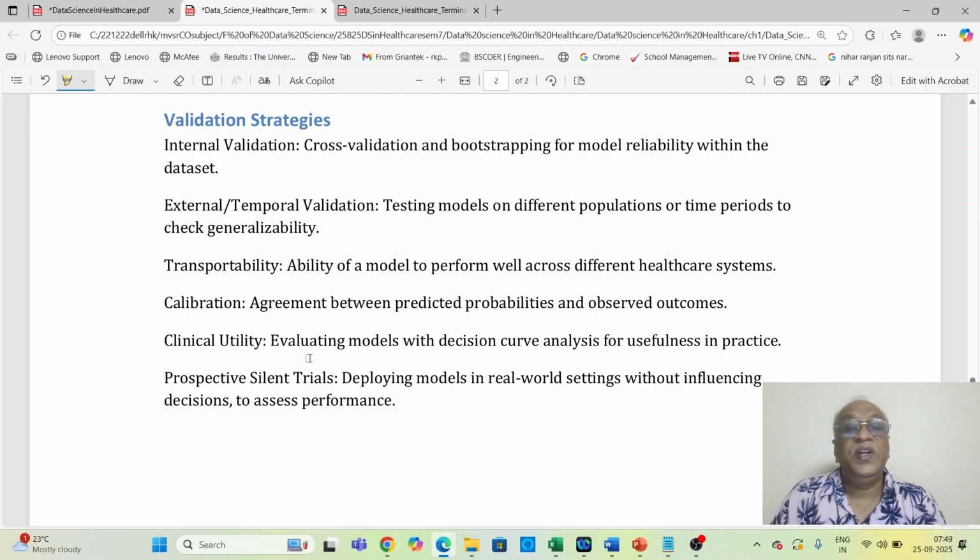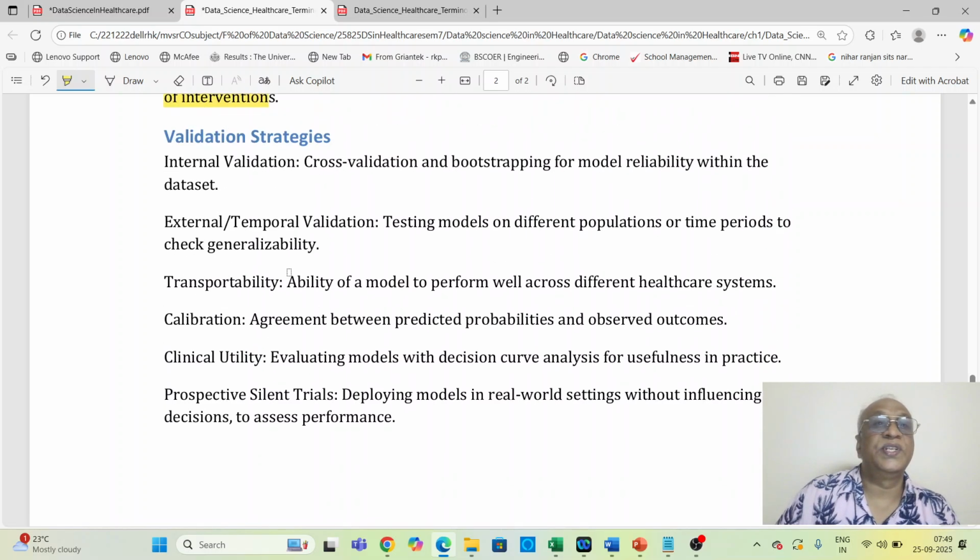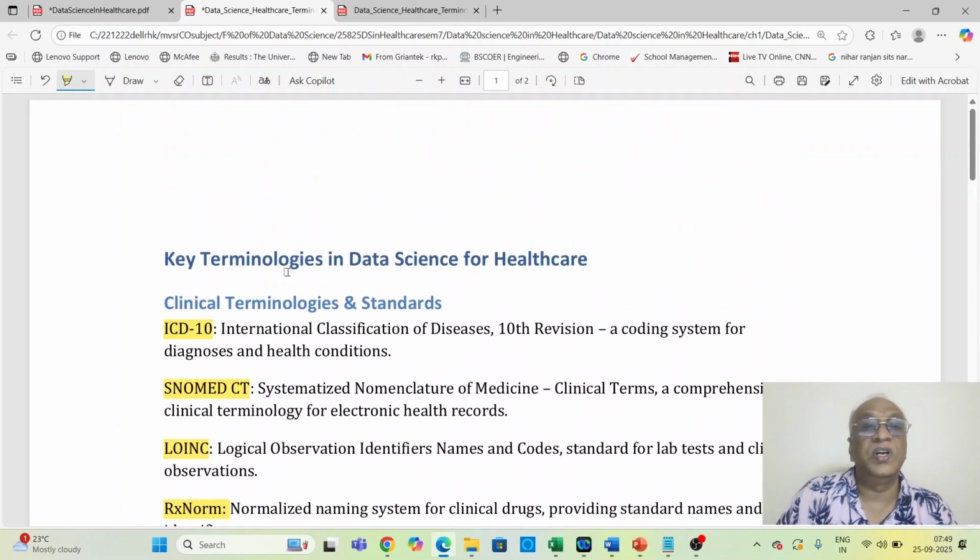Clinical utility, evaluating models with decision curve analysis for usefulness in practice. Prospective silent trials, deploying models in real world settings without influencing decisions to assess performance. So this was one PDF related to the key terminologies in data science for healthcare.